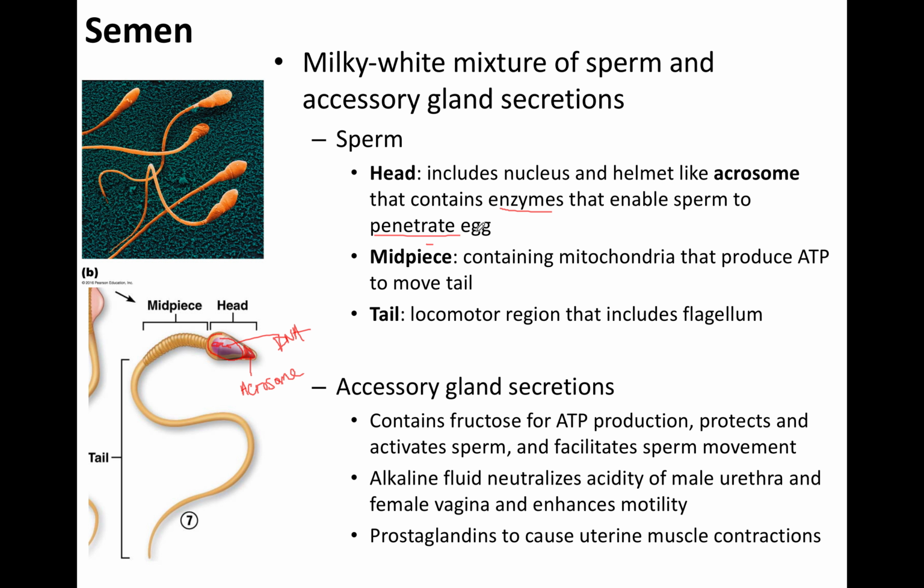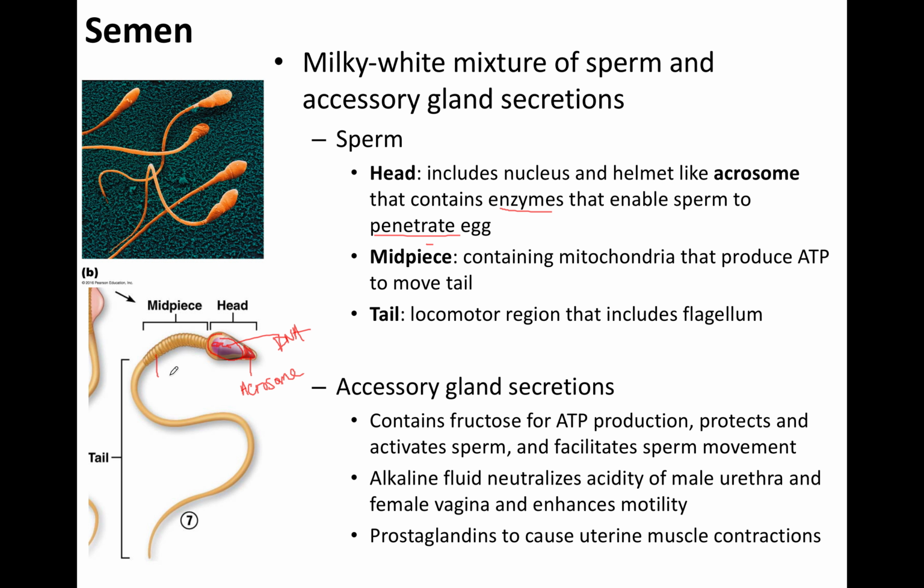The egg will have a really thick outer layer because it's a really big cell. So it's going to have a plasma membrane, but then it secretes another additional layer to protect itself. In order for sperm to get through that, it actually has to release these enzymes to break through that outer layer so that the head of the sperm can enter.